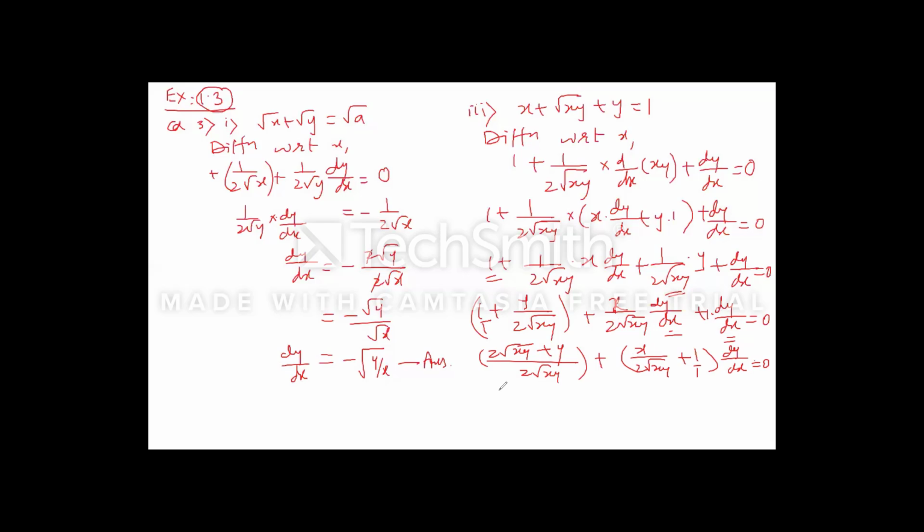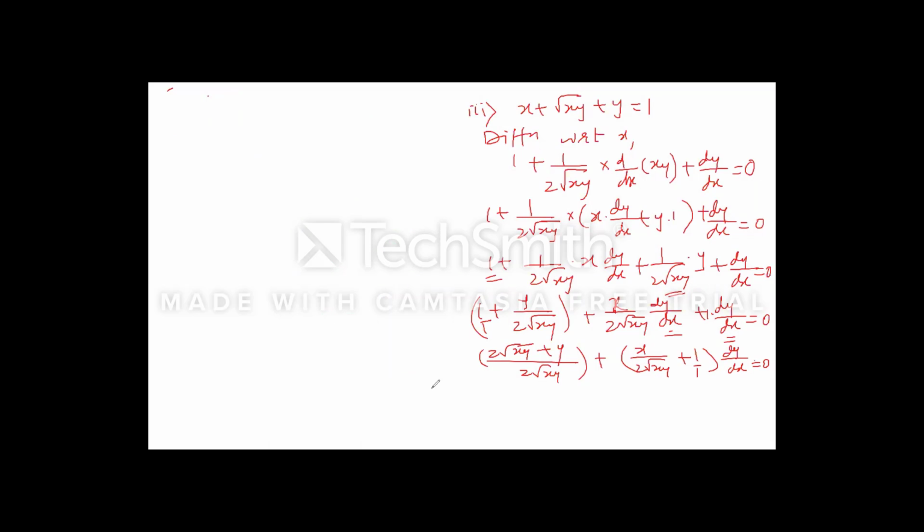So let's solve this here. You can see the term I have written plus here. On the right side it becomes minus 2 root xy plus y upon 2 root xy. On the left side the term with dy by dx is written here. Again you can cross multiply: x plus 2 root xy upon 2 root xy. Now you can cancel the term 2 root xy, 2 root xy.